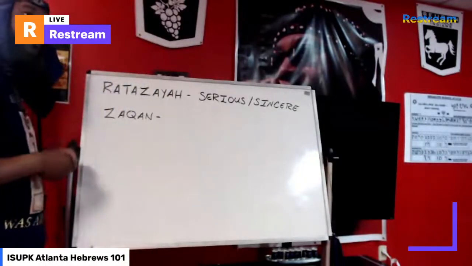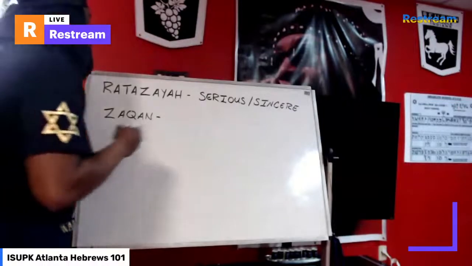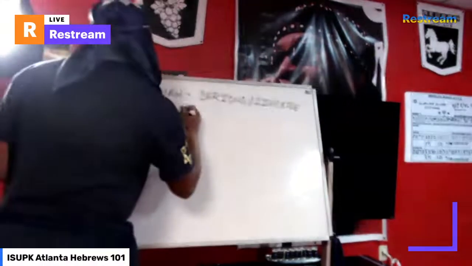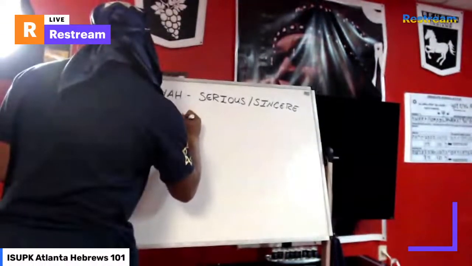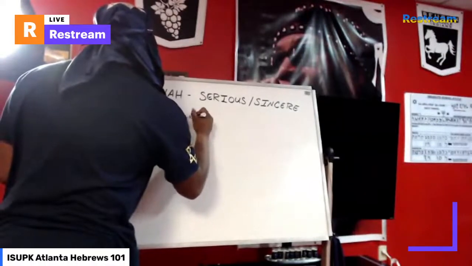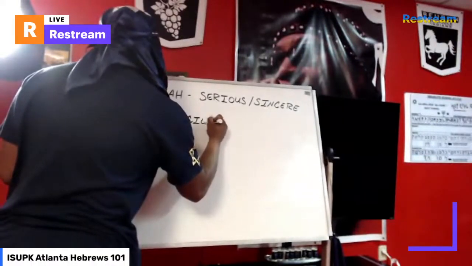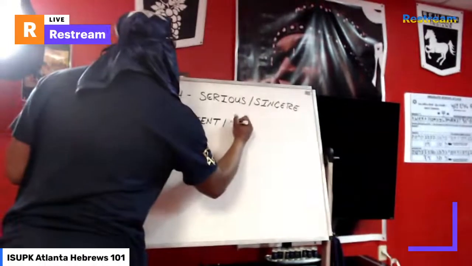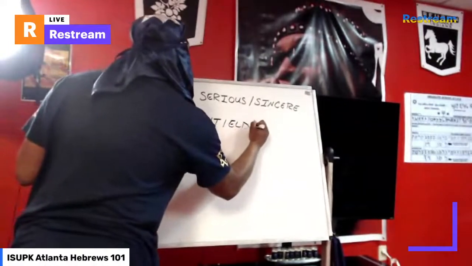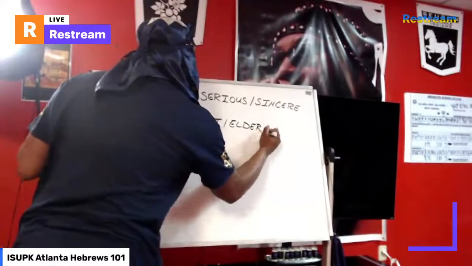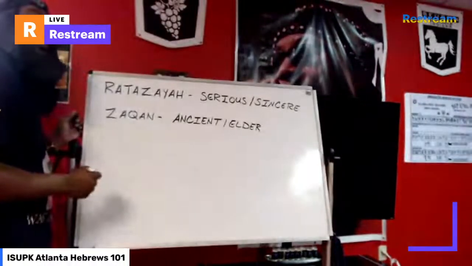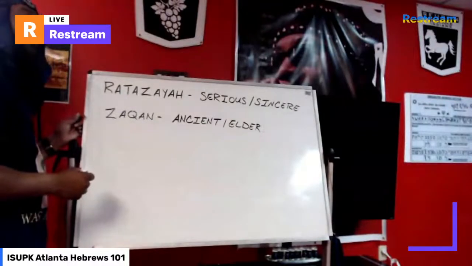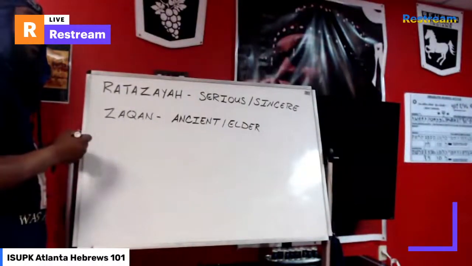That's Hebrew. Saquon means ancient. All right? Ancient or elder, as in wisdom. All right?